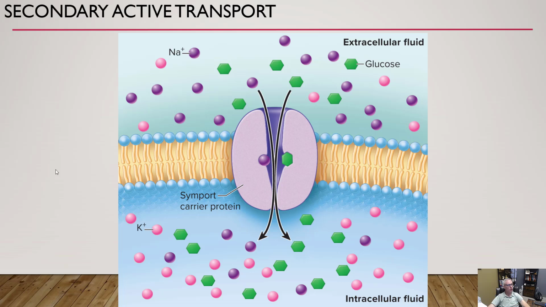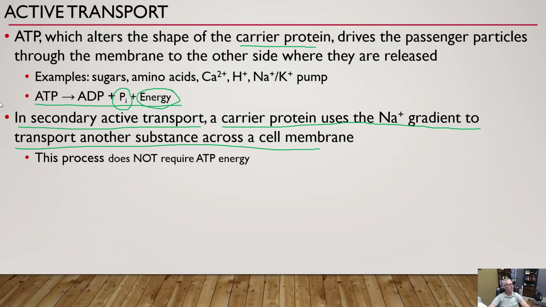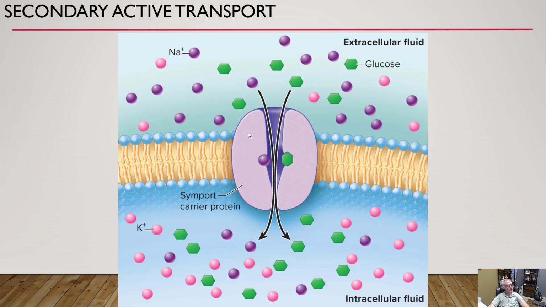Now, glucose, sugars, is going to be an active process. If we were only bringing in sugar, that would be an active process. If we were only bringing in sodium, that would be facilitated diffusion. But we have this thing called secondary active transport.